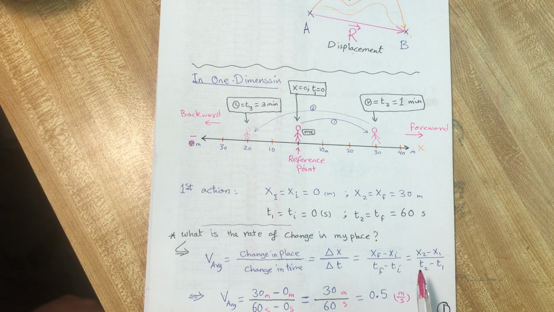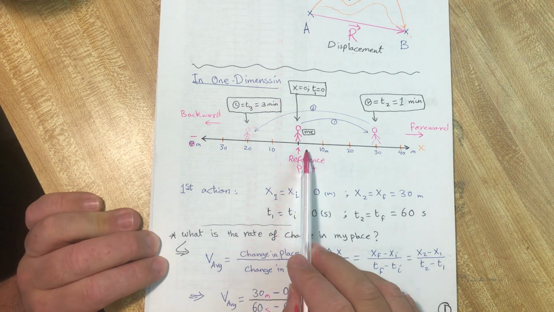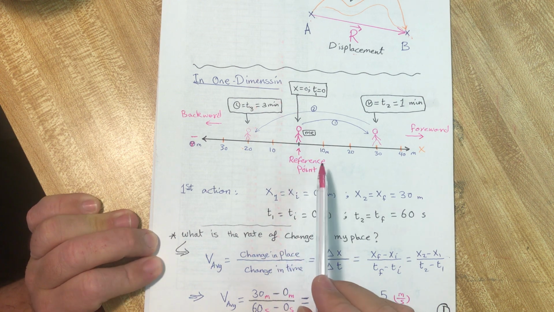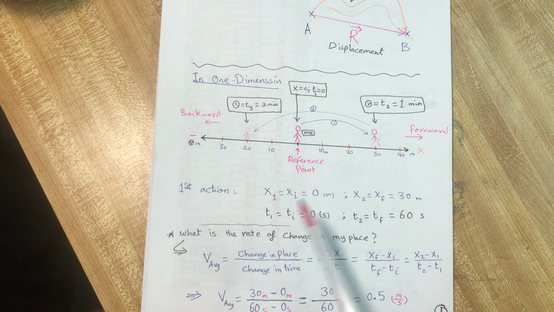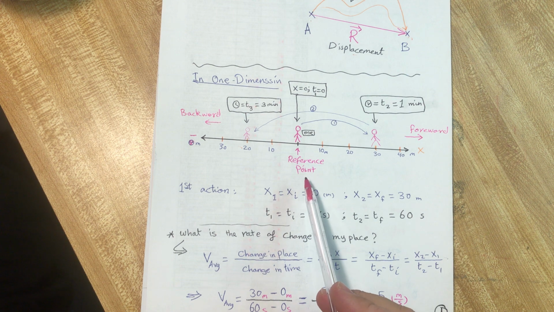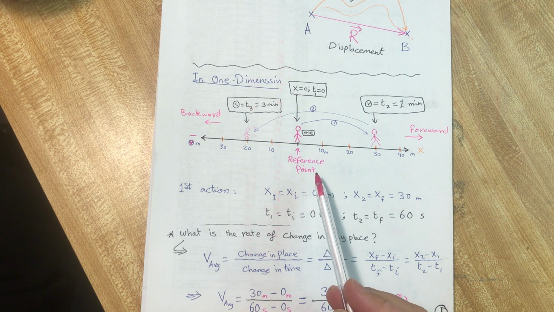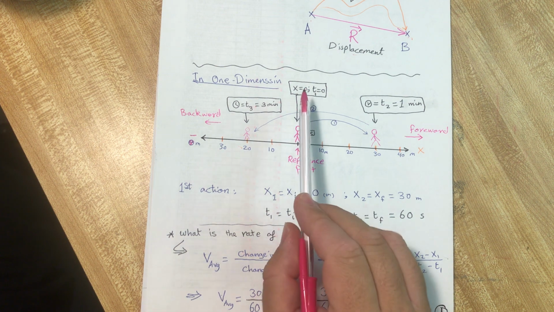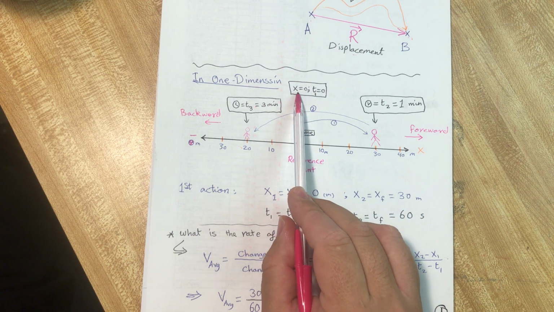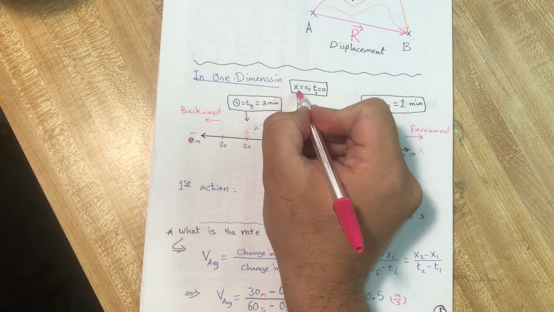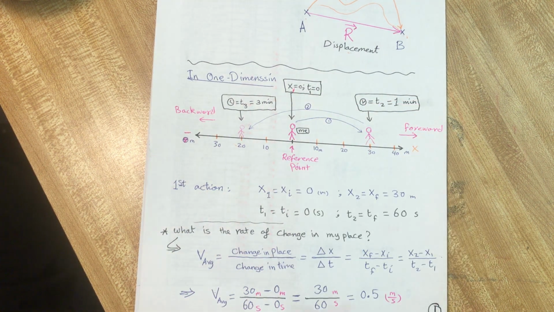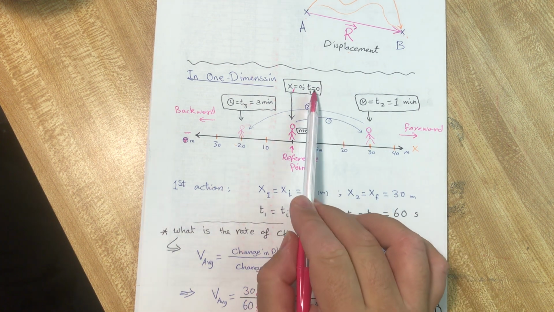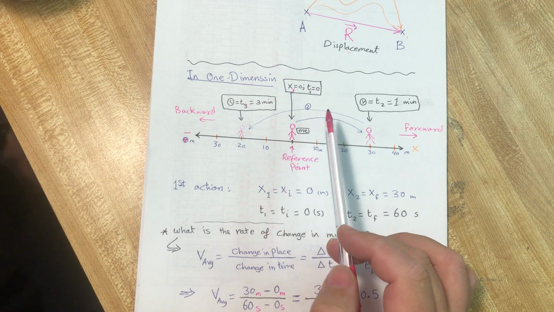Now, if I do two actions, the first, I was at the origin. I need to define a reference point. The reference point, which is the starting point, I can take as 0. So I take x initial, or x1, as 0, and the time at this stage is 0. It is the starting point.